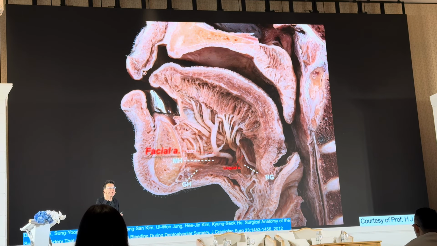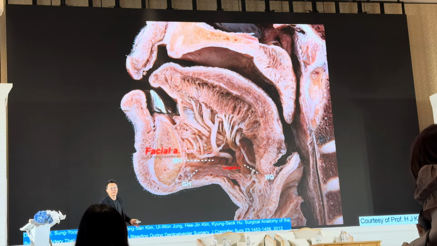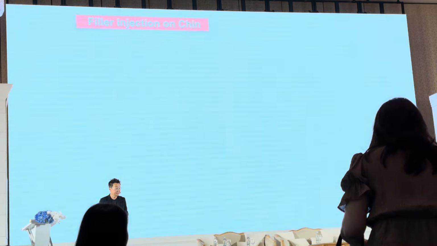I think about 80-90% of the sublingual branches come from the facial artery, not the lingual artery. We have already shown this before. So when you think about tongue necrosis, this is the natural anatomical etiology and passage. So we should follow the guidelines like that.